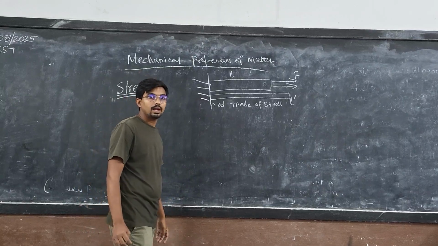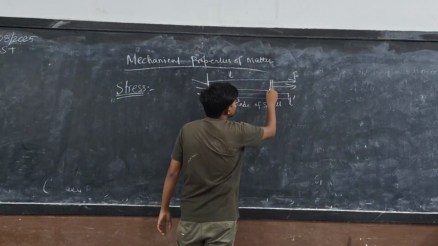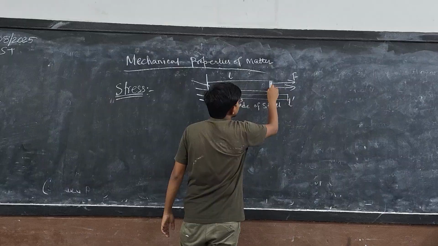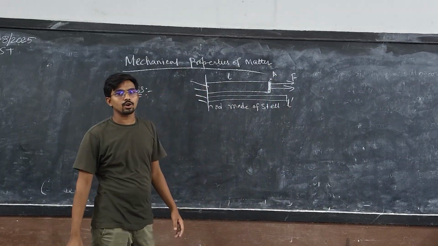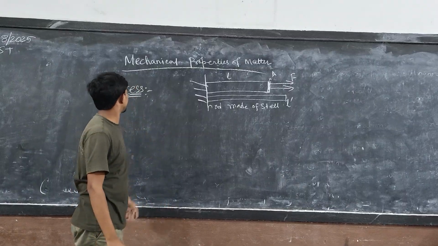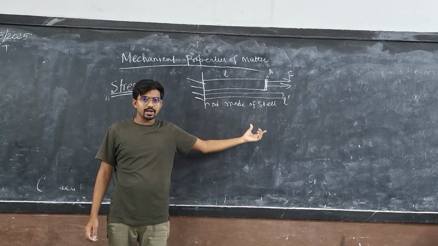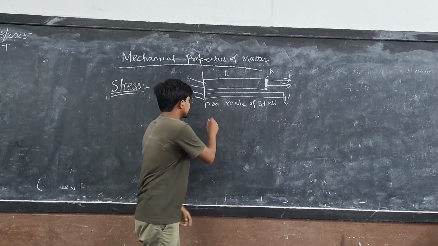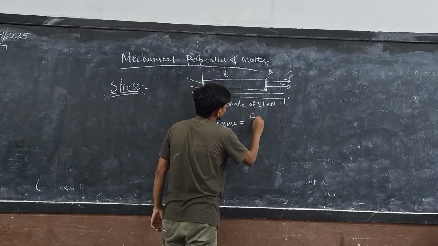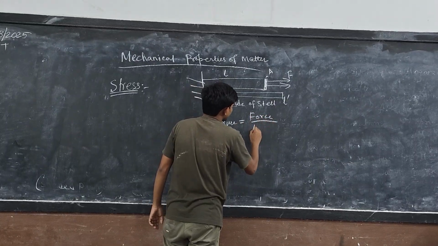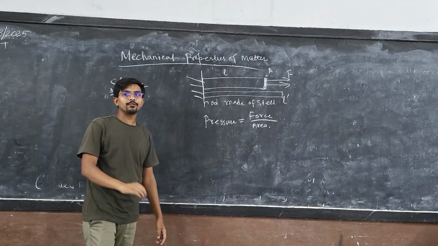And this force acts across the cross section only, that is the area of cross section. Pressure is the applied force per unit area. The stress is the same thing, but in a different way.